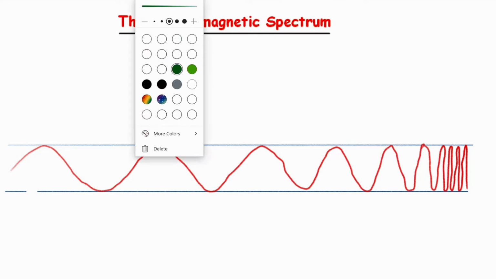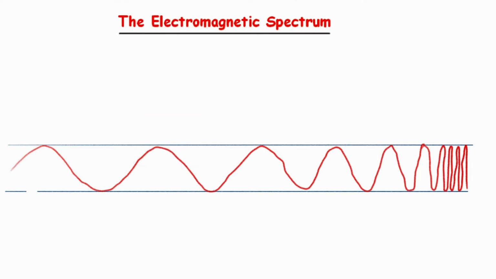Then let's label the different parts of the spectrum, starting with radio waves, microwaves, then we've got infrared, and the visible spectrum.